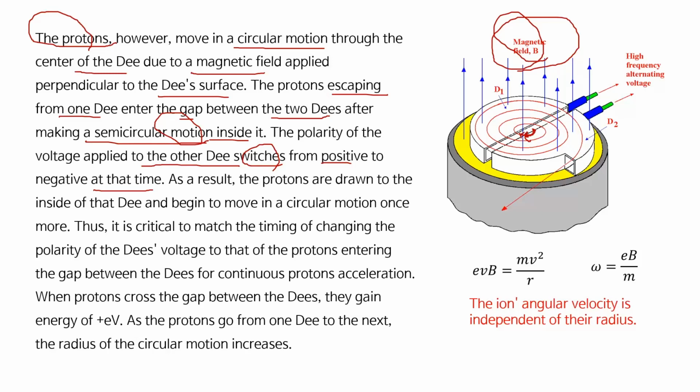So at this moment, the polarity of the field applied to this D changed, right? It was positive, but now it is negative here and positive here. Then the proton is attracted to this D, enters inside this D and undergoes circular motion.